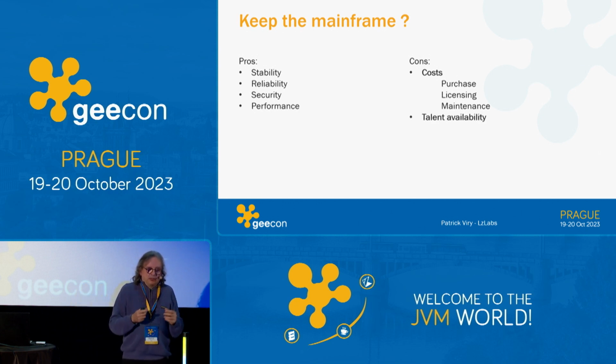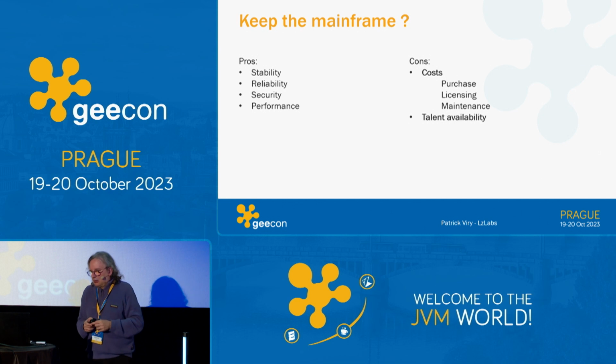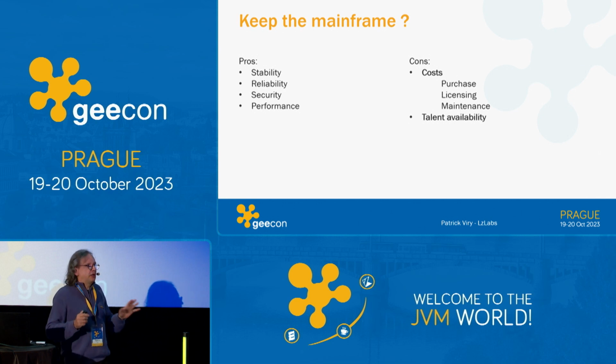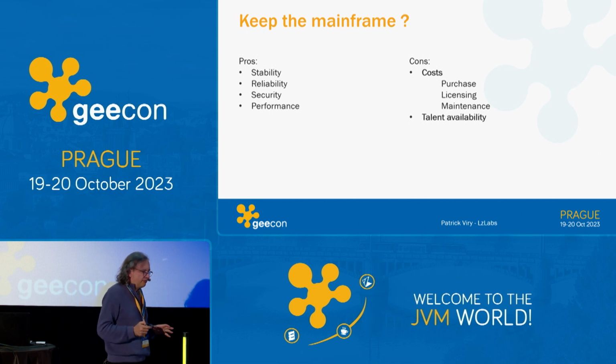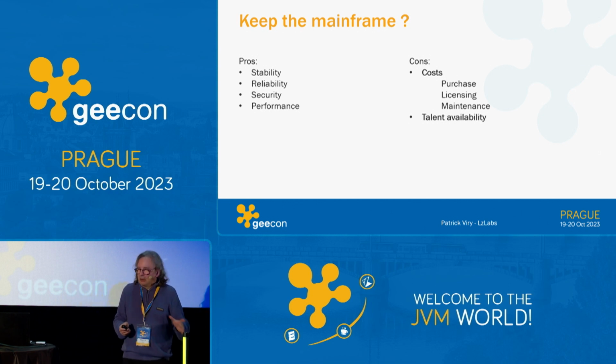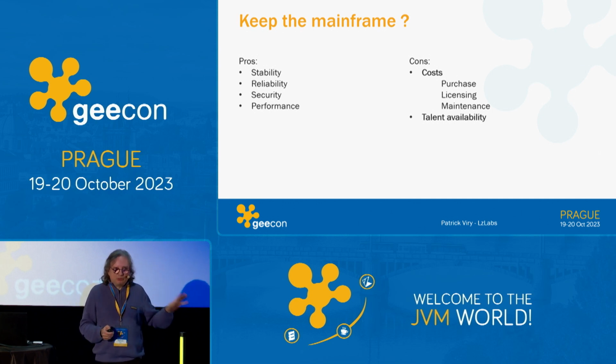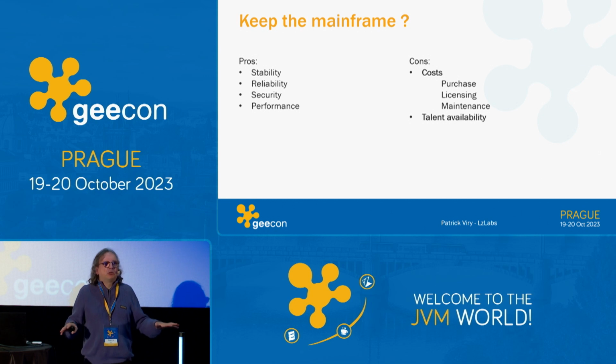The other thing that people are totally panicking about is the lack of talent availability. So we have all this code, Cobol, assembler, PL1, whatever, that's running on our mainframe, that's running the core of our business, and nobody can read it anymore. What are we going to do? Right?